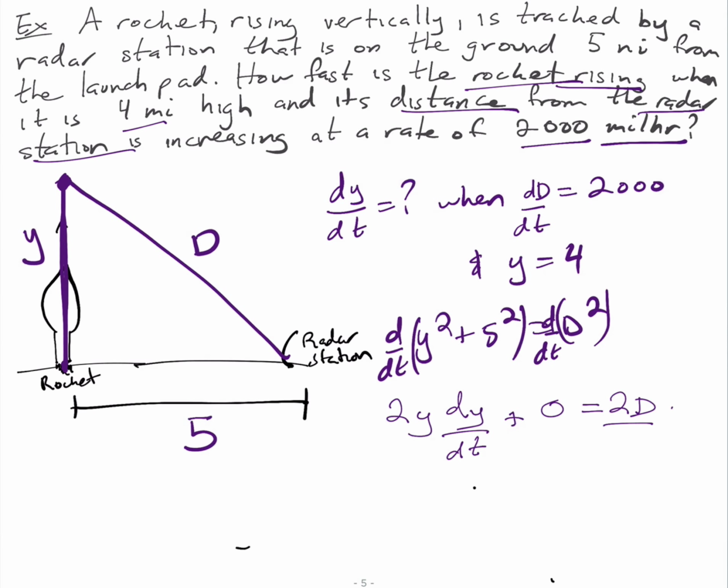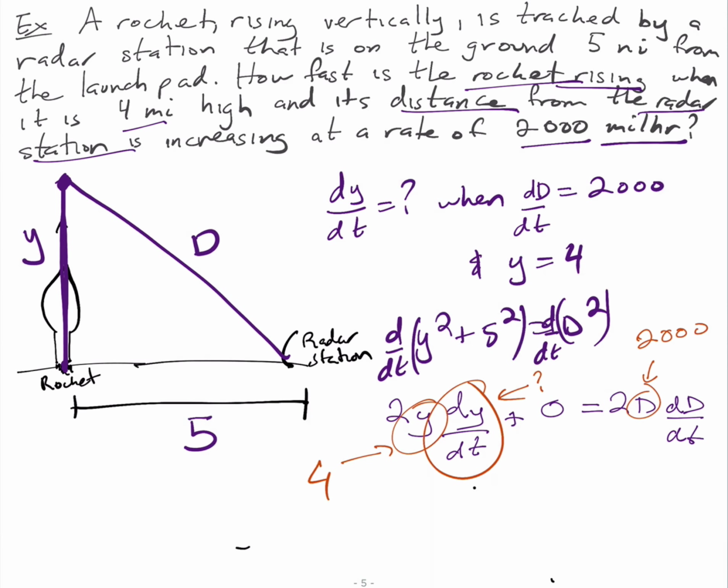All right, but by now, we're experts at this Pythagorean theorem business, right? Look at this. We can do this in our sleep. 2D dD over dt. Plug in all of our stuff. We didn't even need to stay an extra 5 minutes. What's this? This is the question, right? D is 2,000.